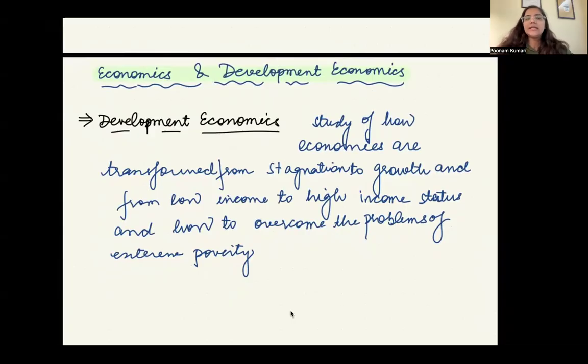So you want to understand, if there's an economy which is stagnated, which is not growing, how to transform that to growth, how to move from a low income country to a high income country, or for any region to move from low income to high income, or any individual to move from low income to high income, and how to eradicate the problem of extreme poverty. So these are the main things that we are studying in development economics, right?